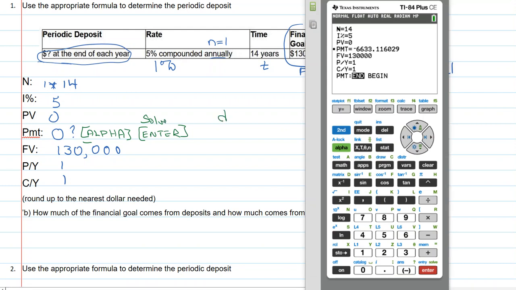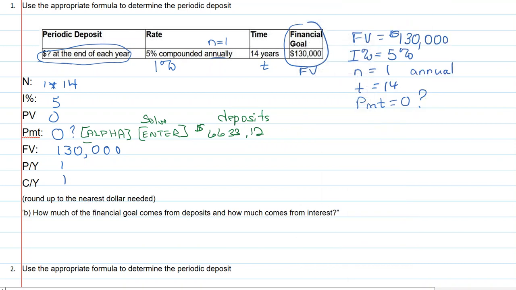So our deposits would be about $6,633.12. All right. Now remember, in this course, we're figuring out the minutia of everything. Usually, when you get to this point, you'd say, okay, if I put in 6633, I'm pretty close to 130 after those 14 years.